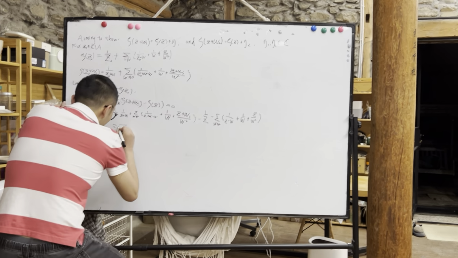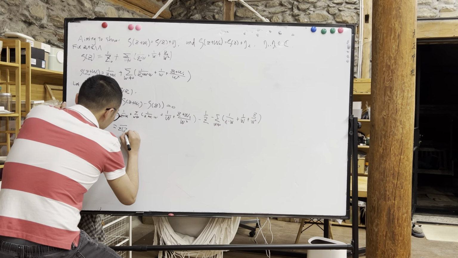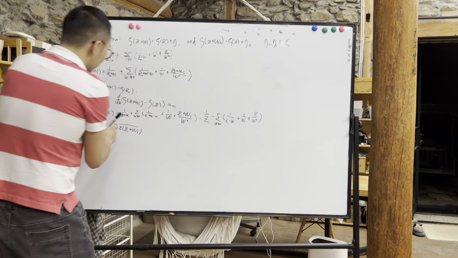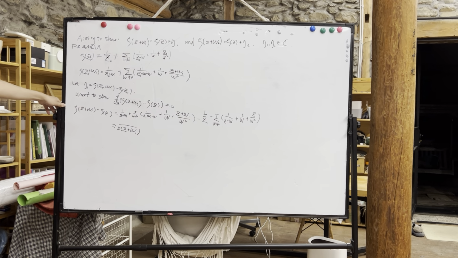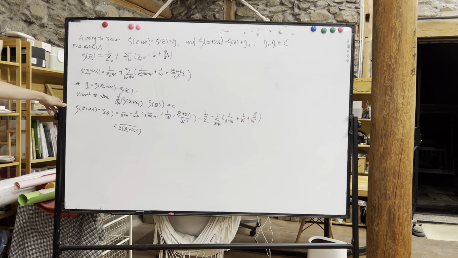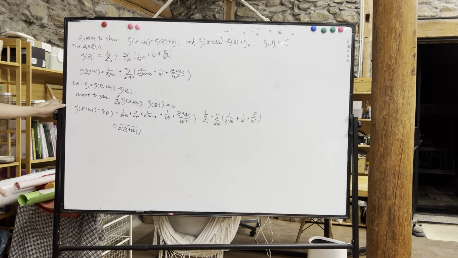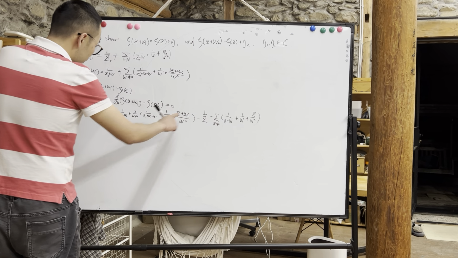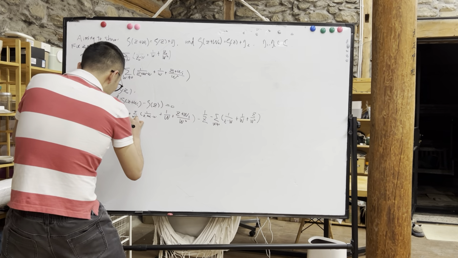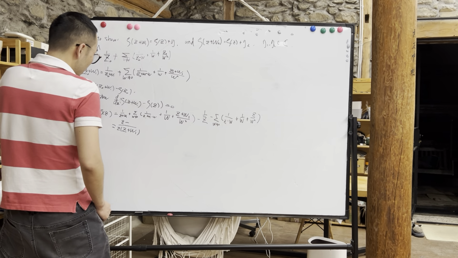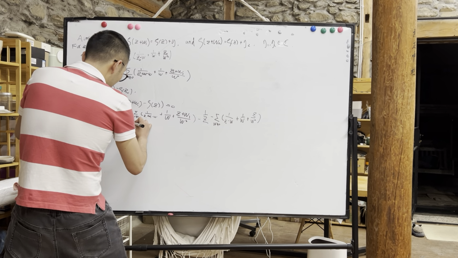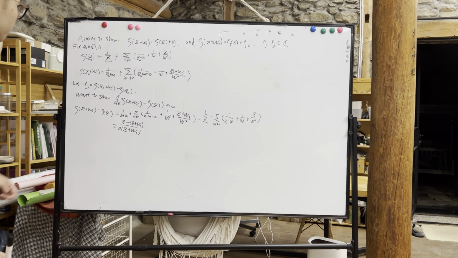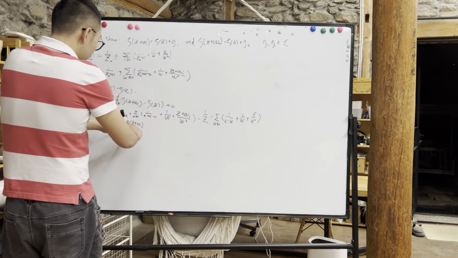So here I get z times z plus omega 1 as the denominator, and for the numerator, I have z minus z plus omega 1. So this is just these two terms being combined together.